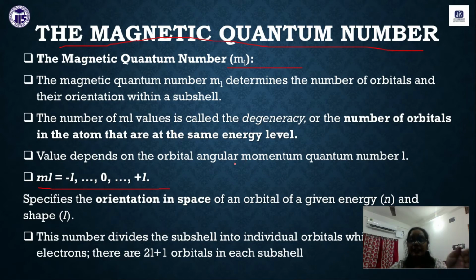Okay, so that is why d orbital is having 5 orientations in presence of magnetic field. Okay, and total of 2l plus 1 orbitals in each subshell that we will get if we do the 2l plus 1.